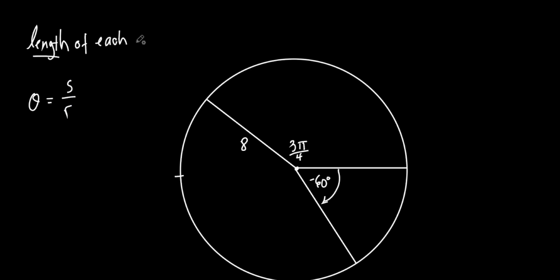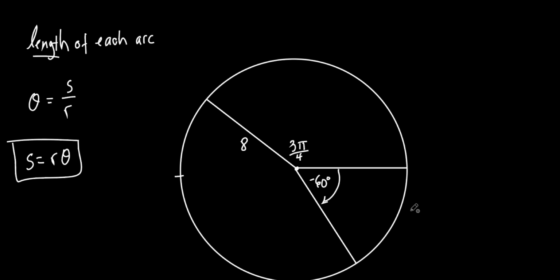The length of the arc, correct? So let's write this with S by itself. How would I do that? S equals R theta. Good. Everybody see that? Simple. Just multiply both sides by R. Boom. So that's how we find the length of each arc.